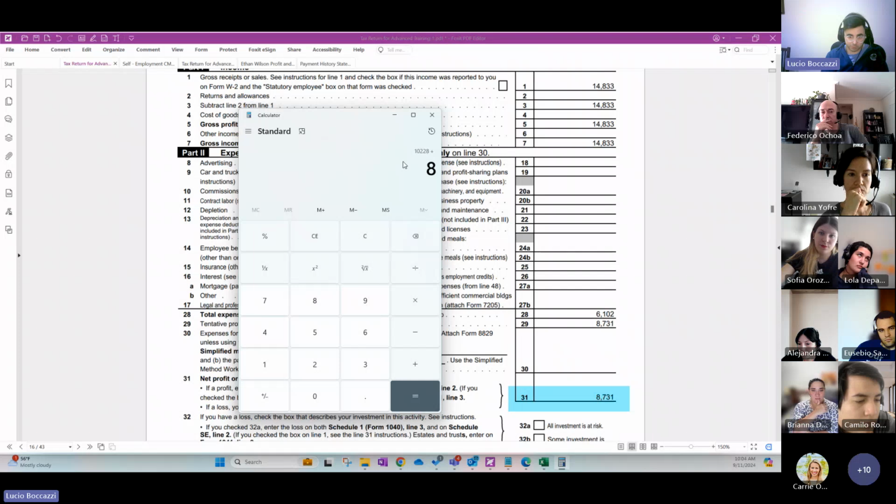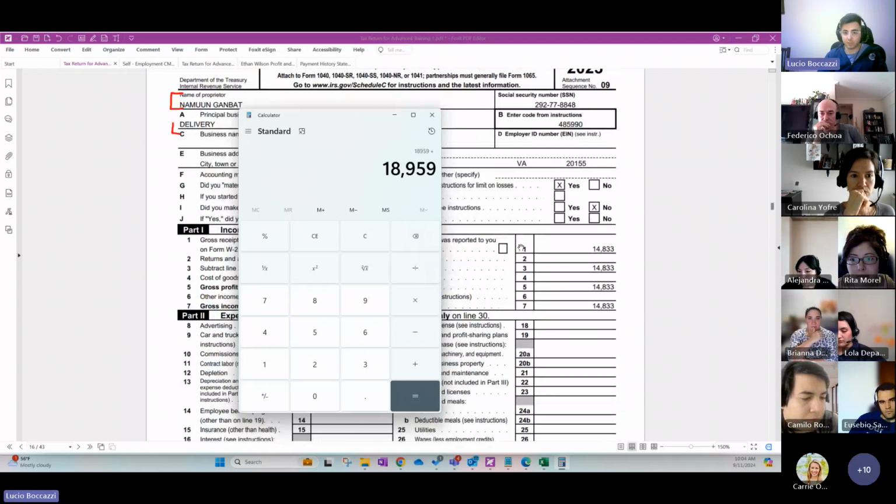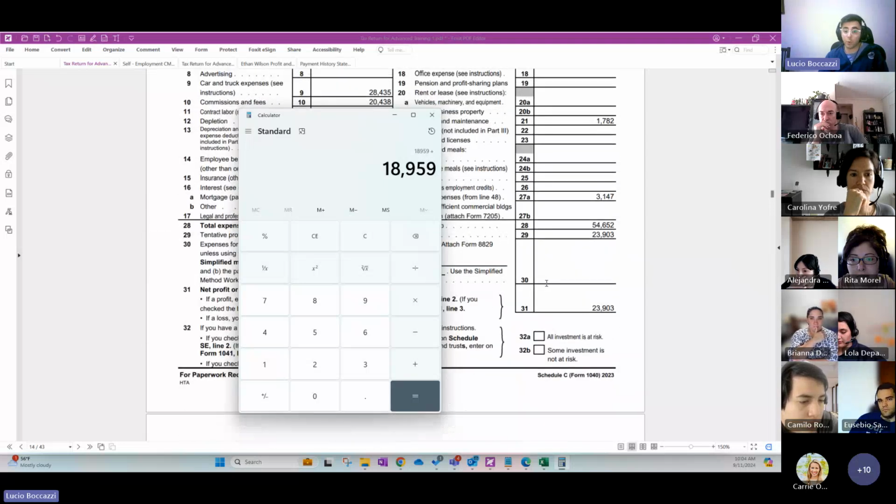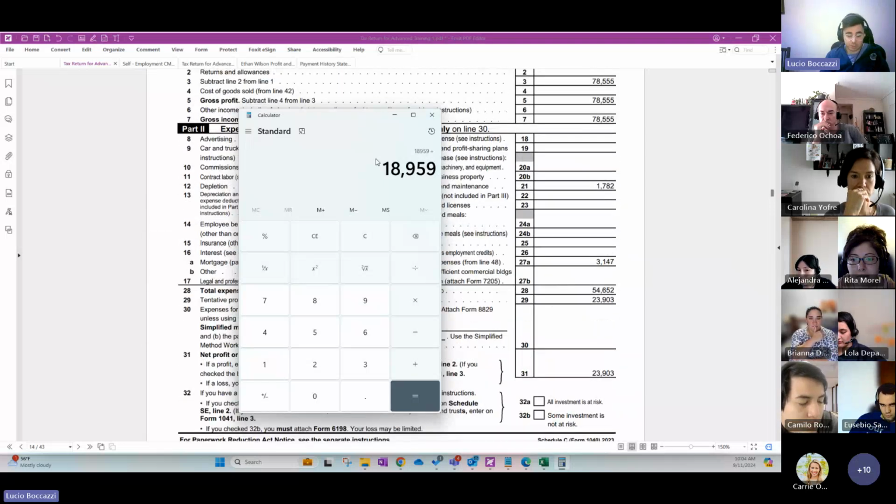And let me show you what I mean with that. This is simply a way to see if you missed a Schedule C, or if for some reason the applicant is missing a Schedule C that they didn't provide.